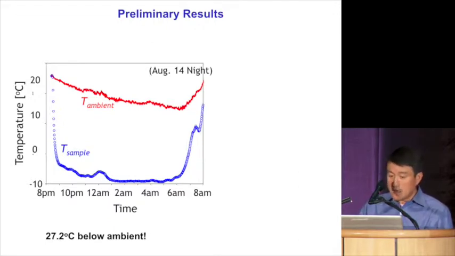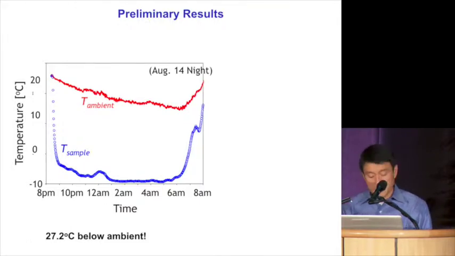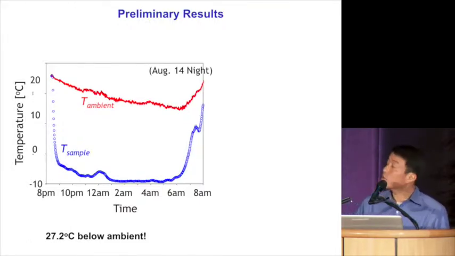And this is how the chamber actually looks. This is the outside view of the chamber, and this is the inside view of the chamber with the selective emitter sitting there. And then we bring it to the roof at night and do our test.